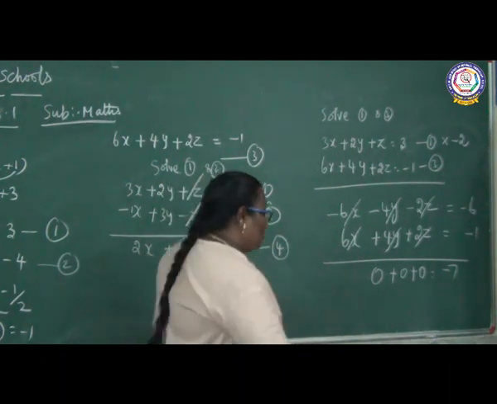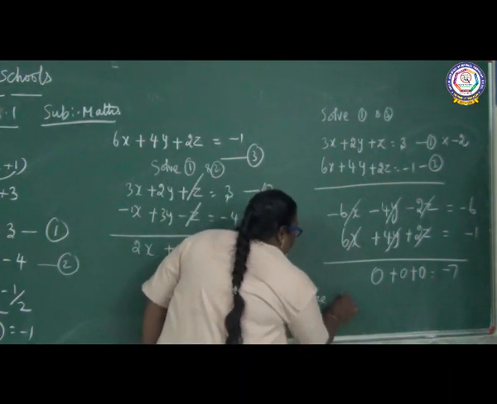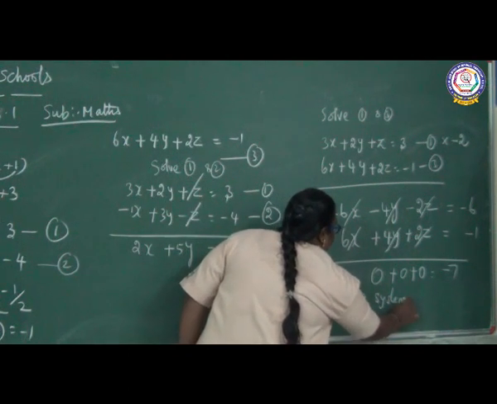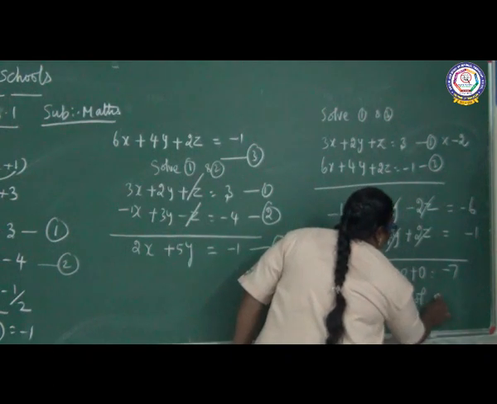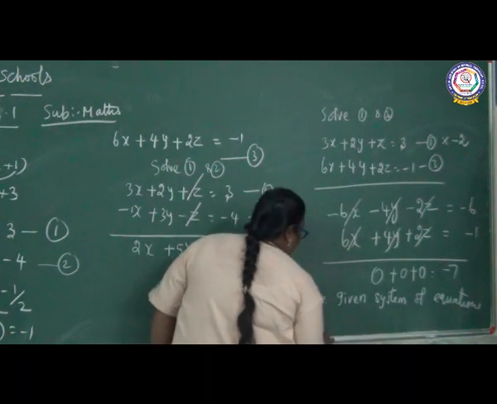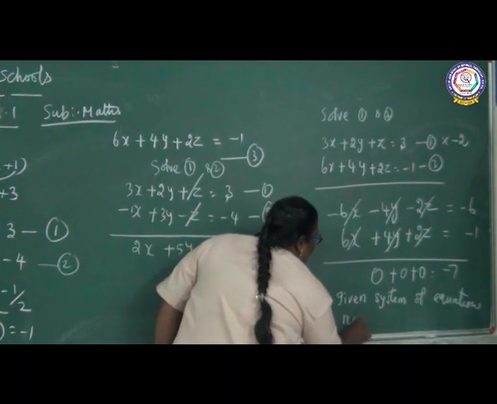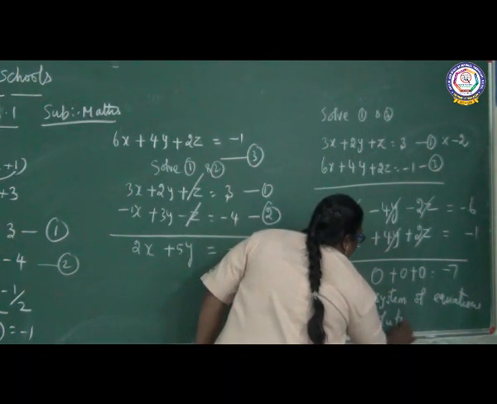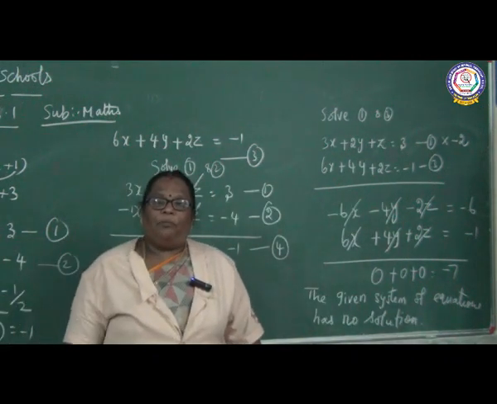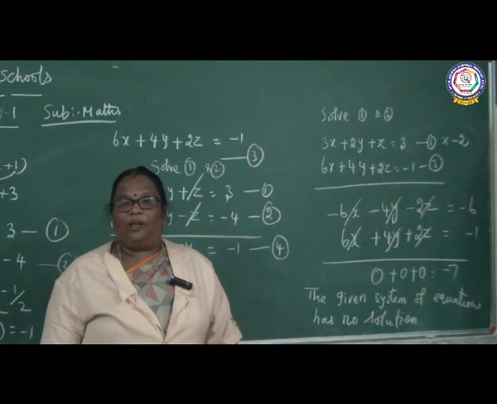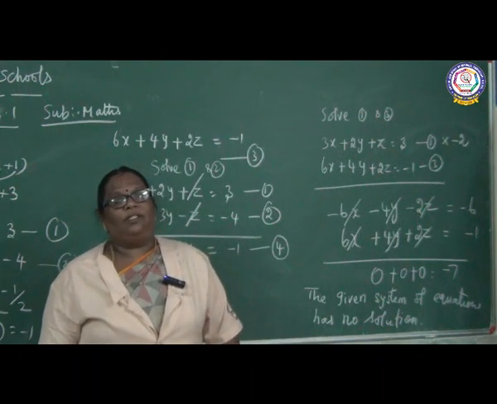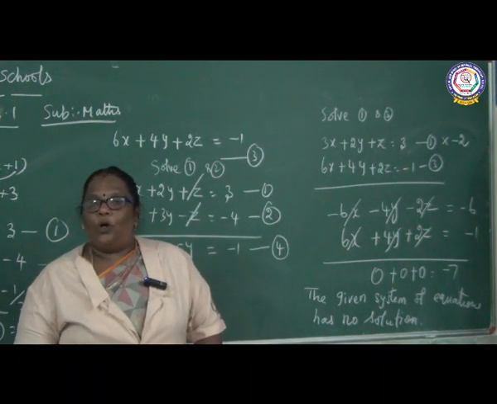So the given system of equations has no solution. In the previous sum, the given system of equations had an infinite number of solutions. In this sum, the given system of equations has no solution.